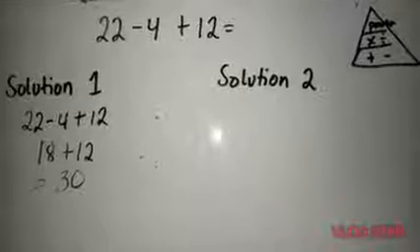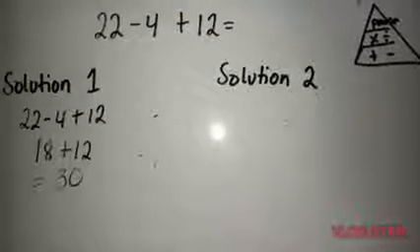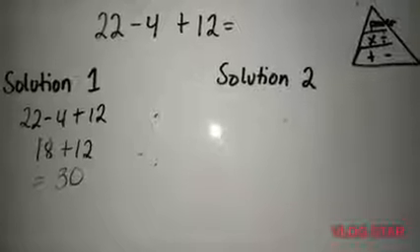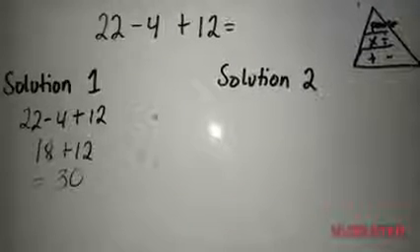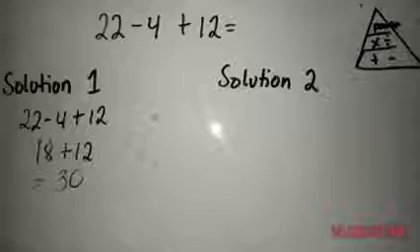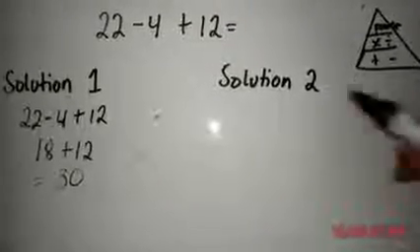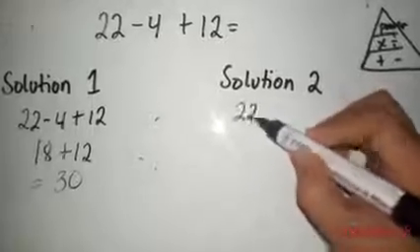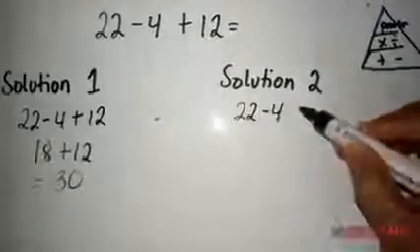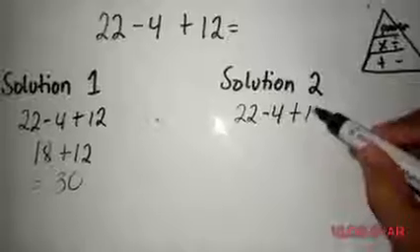Next, what if we add first before we subtract? 22 minus 4 plus 12.